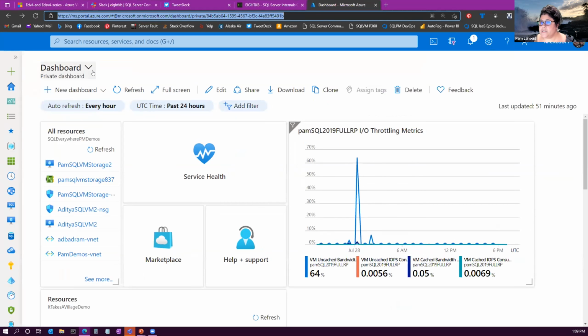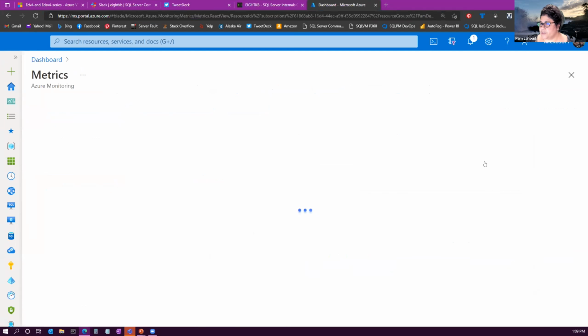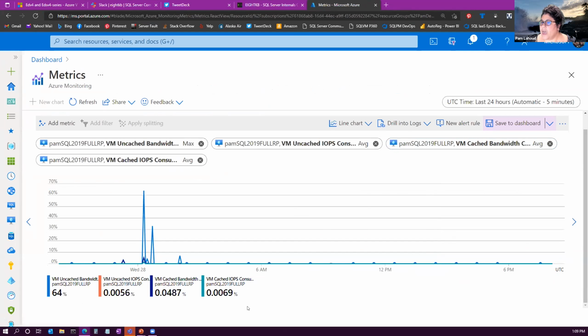Okay, so this is my Azure portal dashboard. And you see here, I have a throttling metrics graph. Let me just click on this. I have a couple of different counters here that I'm monitoring. You can see VM uncached bandwidth consumed percentage max.